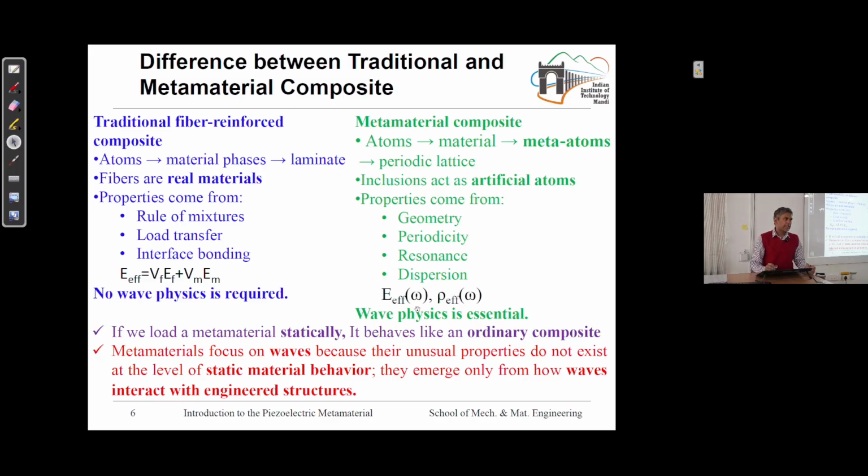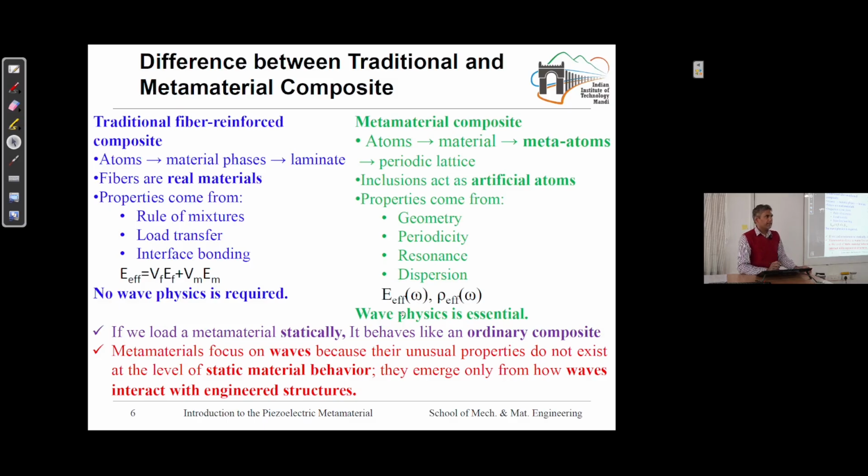The interesting thing in the case of metamaterial is that we have E effective and, for example, density, rho effective. These properties depend on the frequency. As you can see, this is a function of frequency omega.